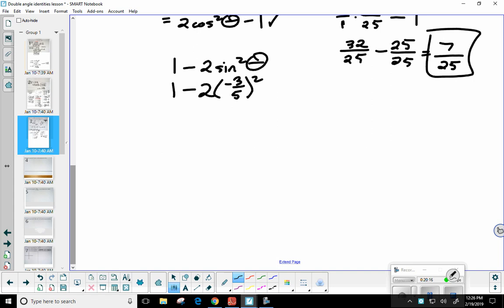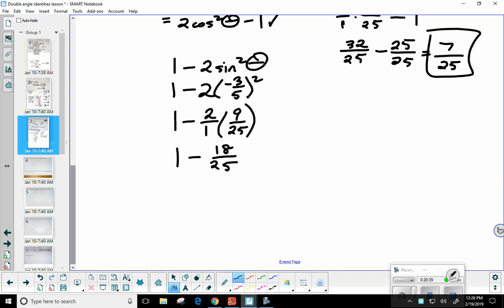What would be negative 3/5 times negative 3/5? 9/25. So this would be 1 minus, I'm going to put the 2 over 1, because that'll be 9/25. Multiply straight across. So 1 minus 18/25.